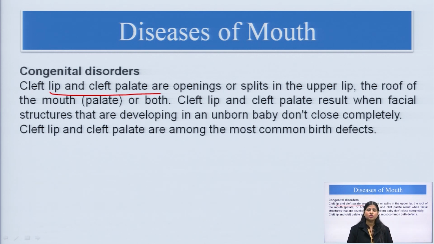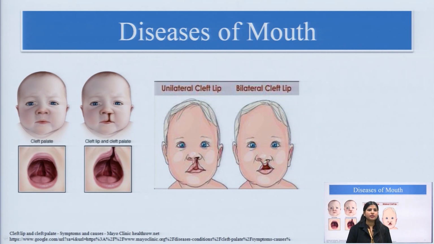Cleft lip and cleft palate result when facial structures that should develop in an unborn baby are not properly developed. They don't close completely. At that time we will see these conditions. We will see some pictures here. See, this is the cleft palate.